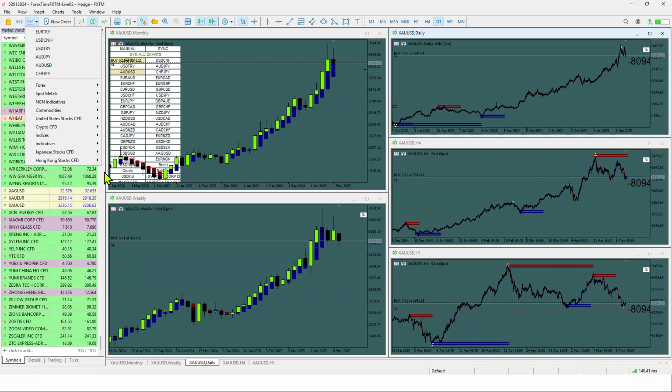Okay, CFD means contract for difference. That's the full meaning. I think it's just a term used to describe the assets that you are trading. Okay, I'm always saying it.